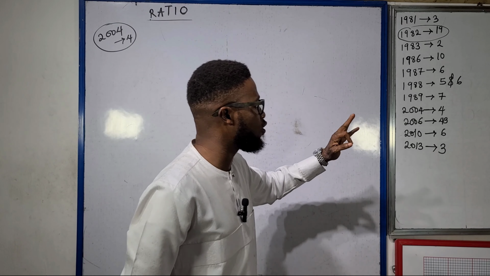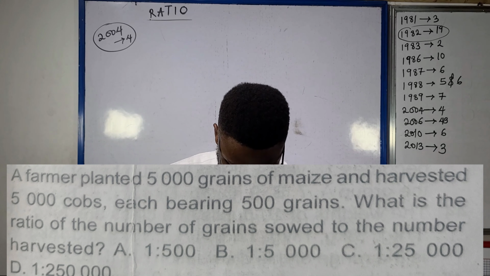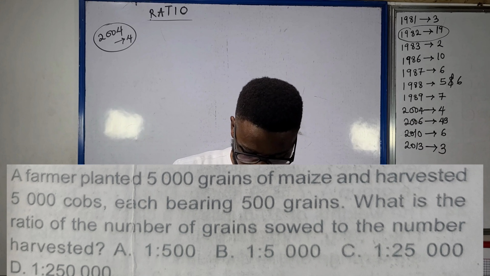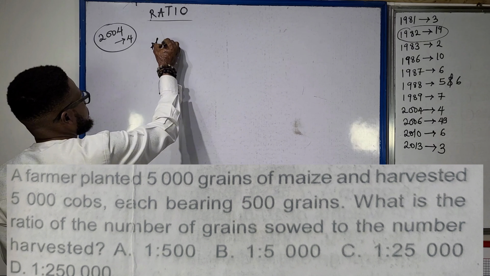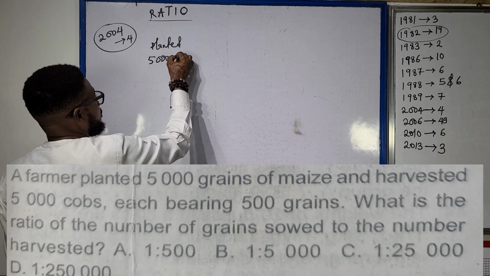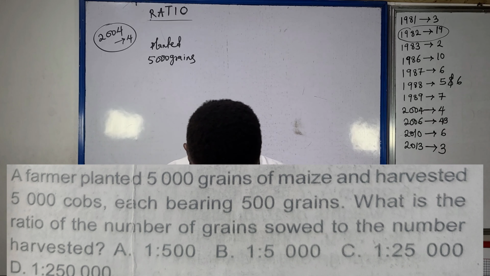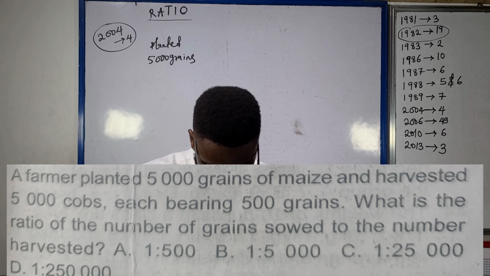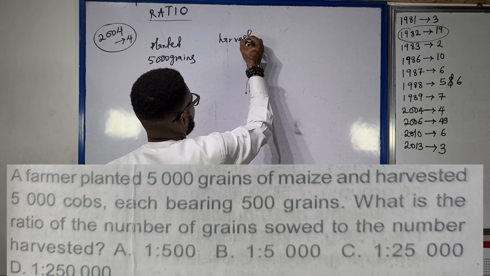The next question is UTME 2004 question 4. When you look at it, a farmer planted 5,000 grains of maize. So this is what was planted, 5,000 grains of maize, and harvested 5,000 cobs. This is what was harvested.